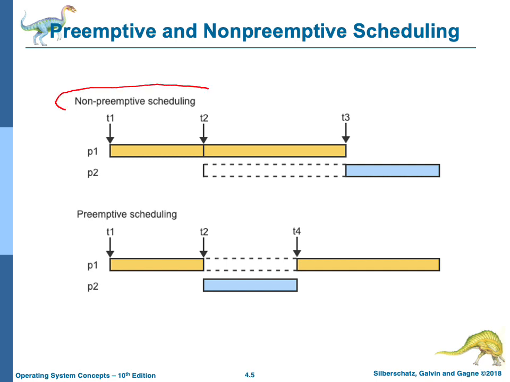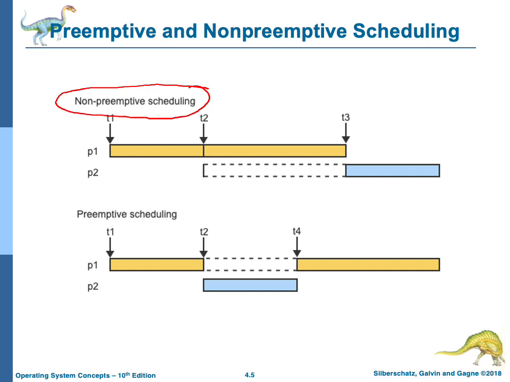With the non-preemptive version, once a process is chosen to run on the CPU, we are not allowed to interrupt that process unless the process itself voluntarily yields the CPU, either because it has terminated or because it requires an I/O operation, right?